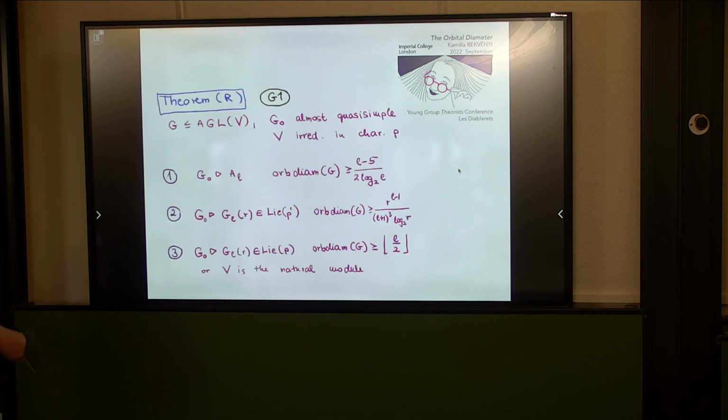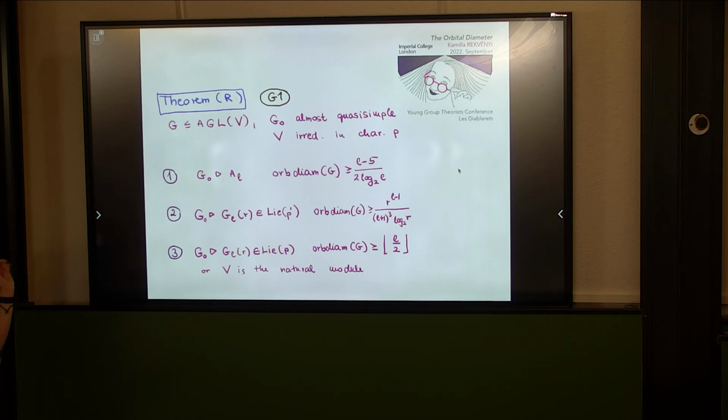So here is the answer to the explicit bounds case. So again, G is an affine primitive group, G0 almost quasi-simple, and V is an irreducible module in characteristic p. So if G0 is of type alternating group, then the orbital diameter is at least L-5 over 2 log 2L.